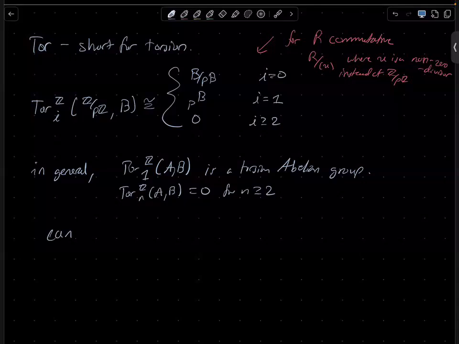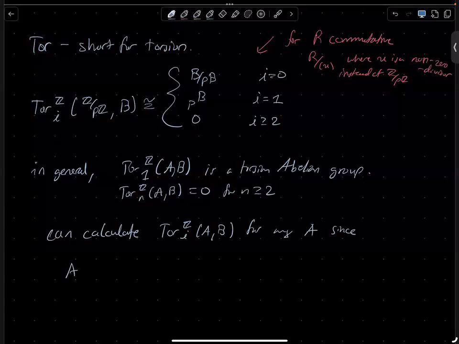So we can calculate Tor_i^Z(A, B) for any A, since A is the limit of its finitely generated subgroups, and Tor preserves... Okay, it is the case that Tor preserves limits.